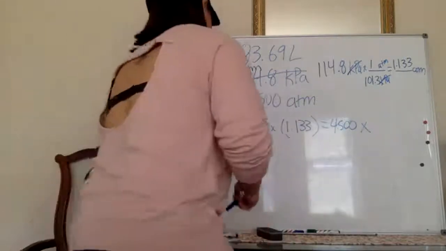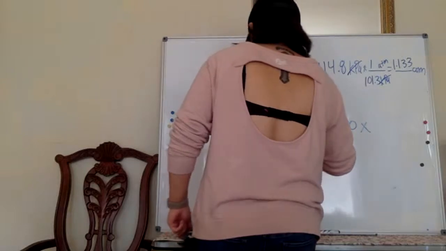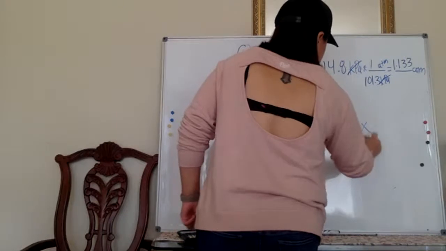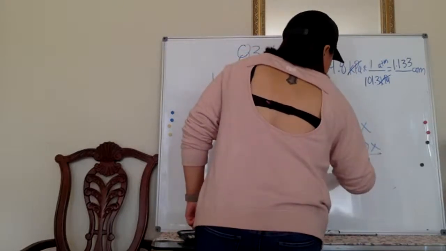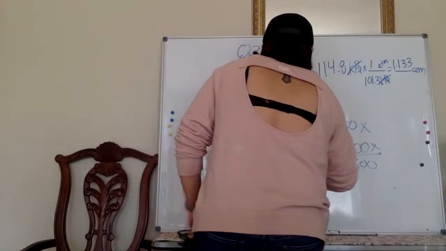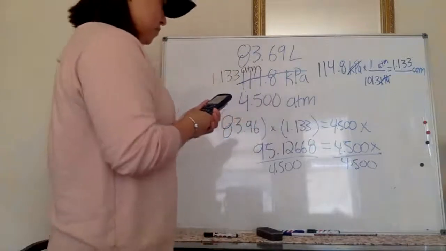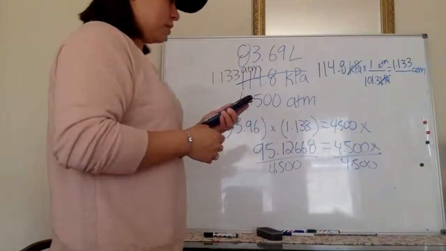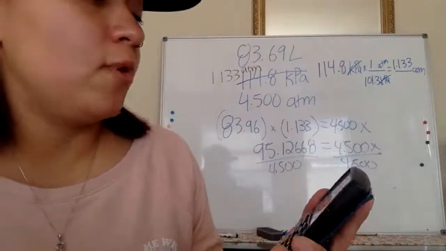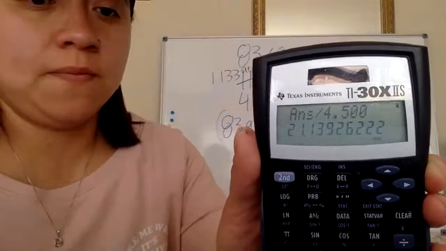That's equal to 4.500x, so you're going to divide by 4.500. You should get 21.1392622.